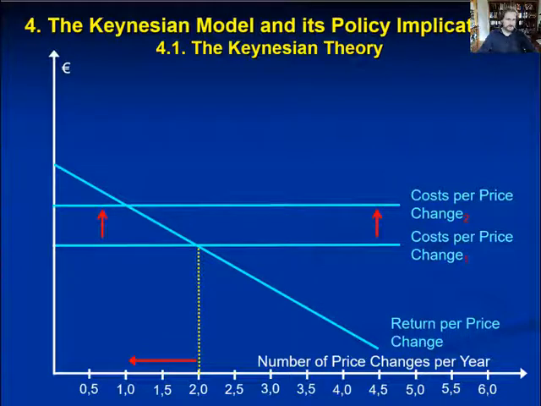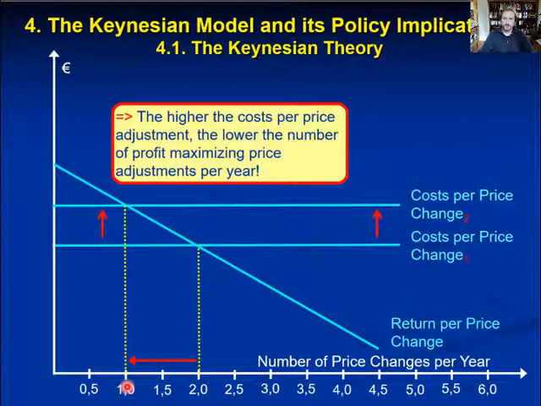In this case, from 2 price changes per year to 1 price change per year. Consequently, the higher the costs per price change adjustment, the lower the number of profit maximizing price adjustments per year.